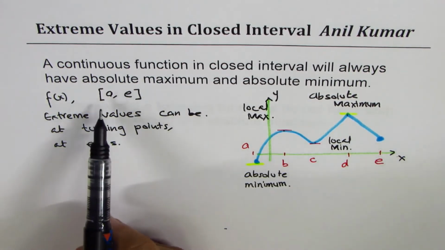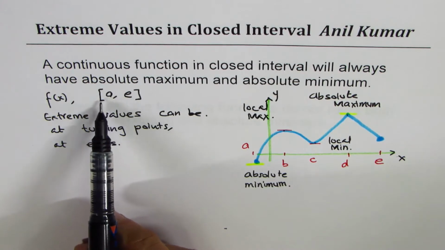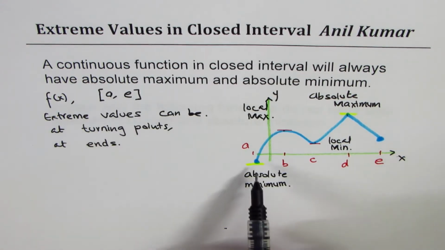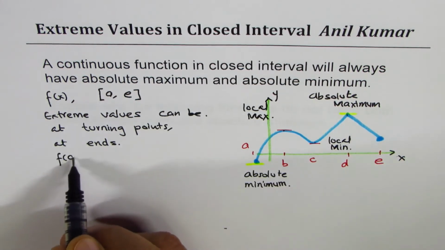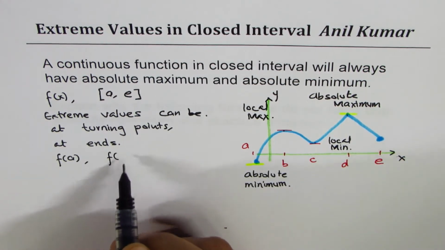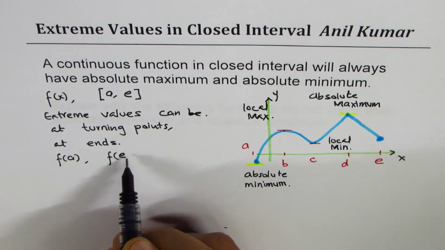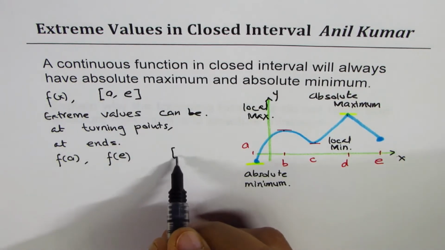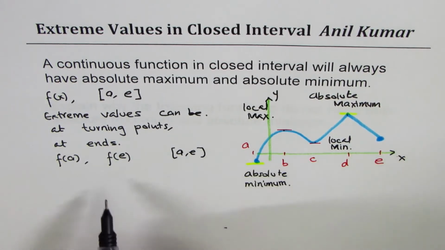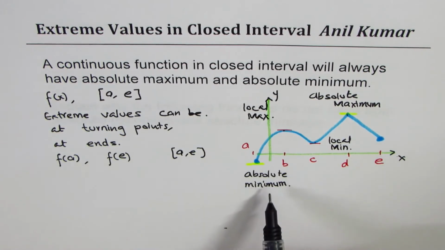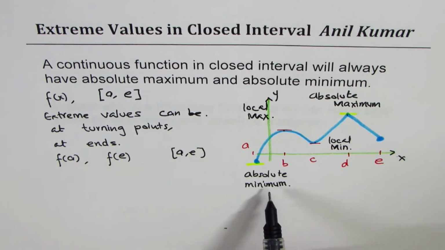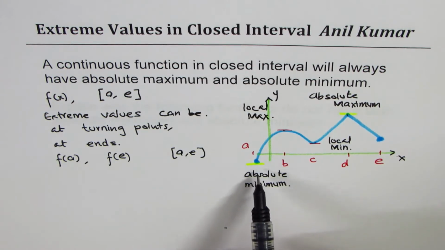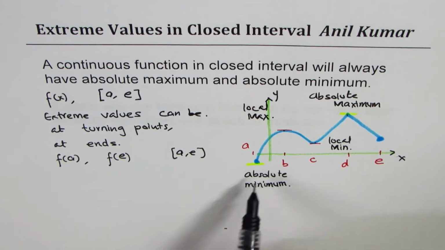So if we are working on a closed interval as we have here between A to E, the value of the function at A, the value of the function at E, that is from the closed interval, could result into absolute maximum or minimum, could, right? In this case we see that f of A is absolute minimum.